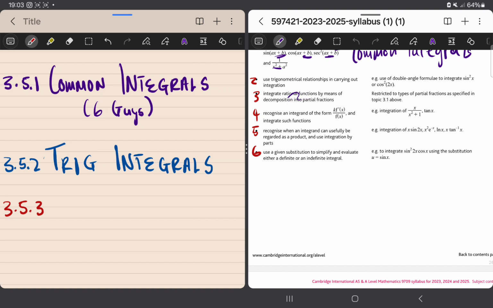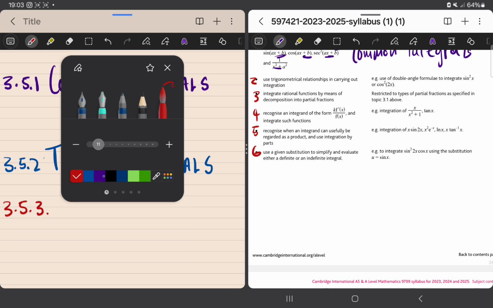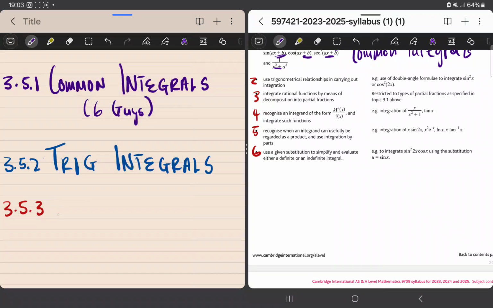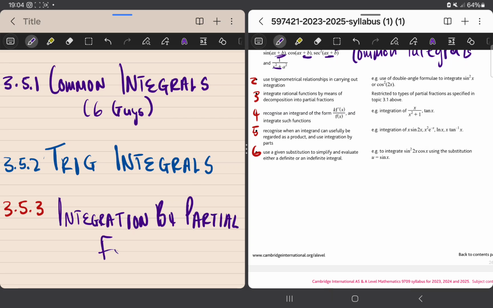3.5.3. What is it about? This is integrate rational functions by decomposition into partial fractions. So we are integrating by decomposition into partial fractions. So we can say integration by partial fractions. There are certain guys that we can only integrate by using decomposition into partial fractions. What do you mean by this? First, we decompose a fraction using the idea of partial fractions.